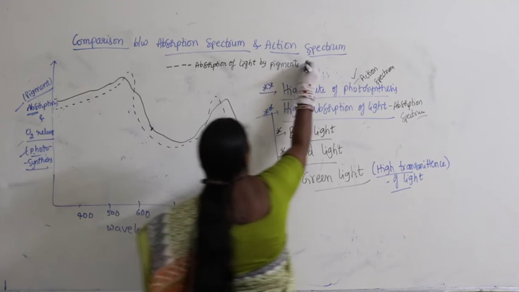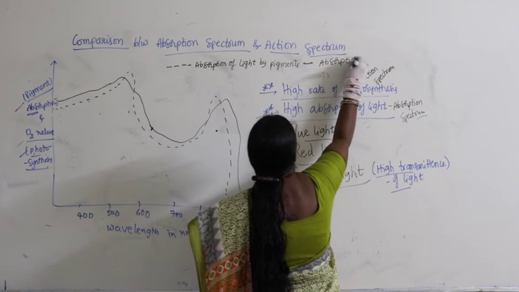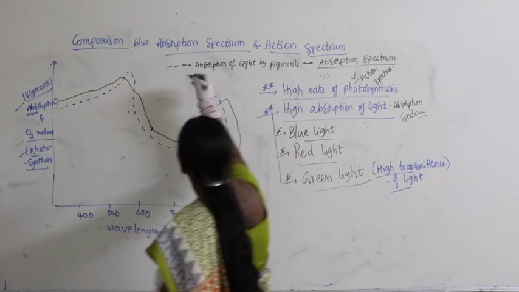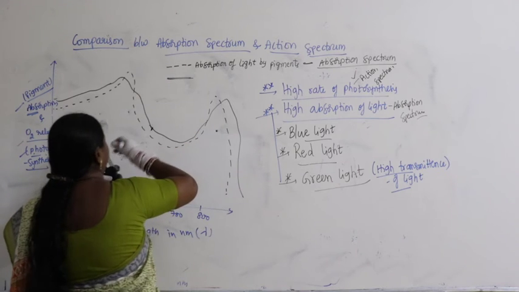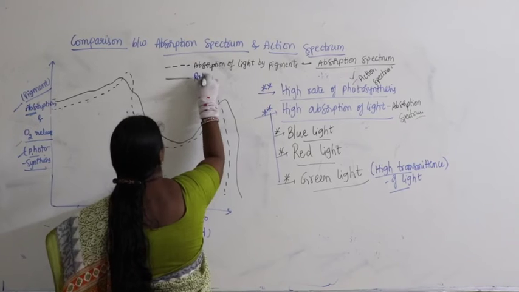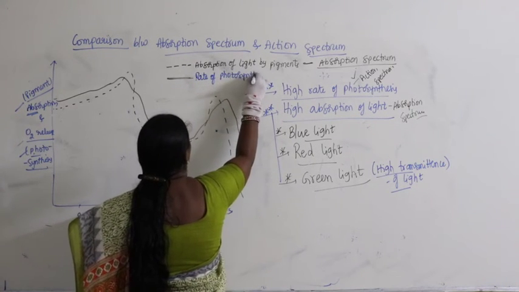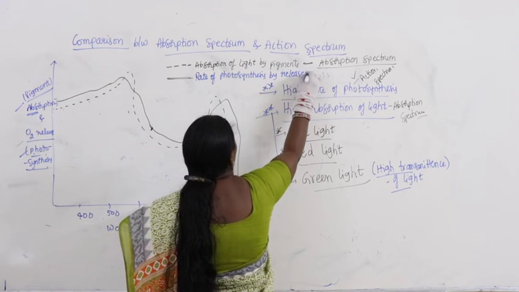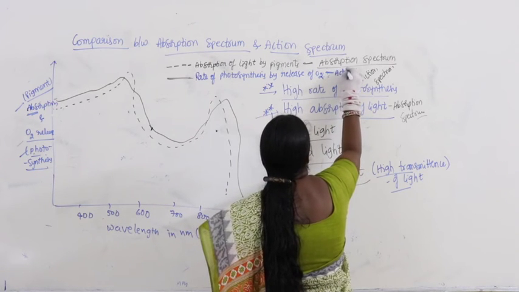That means it speaks about the absorption spectrum. And the very thick dotted line says the rate of photosynthesis by release of oxygen, and that comes under the action spectrum.